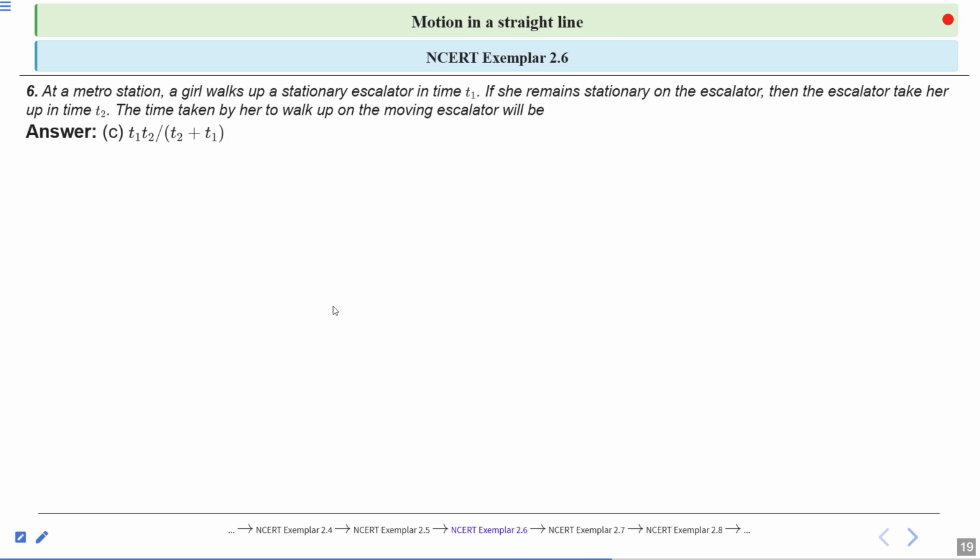The correct answer is C, t1t2/(t1 + t2).